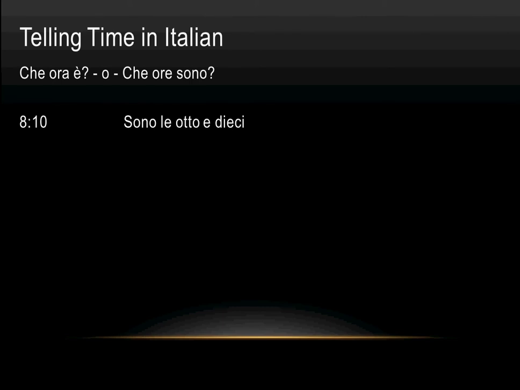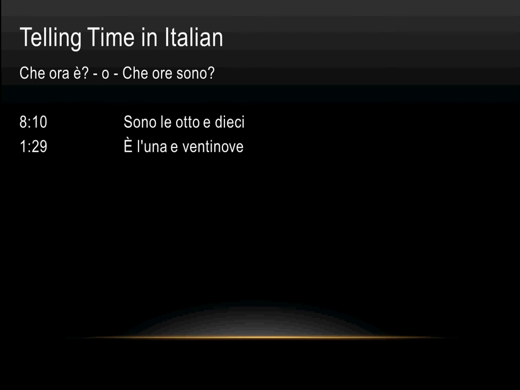It's sono le 8 because obviously 8 is plural. And it's considered feminine, so we use the definite article le and sono, so the verb agrees with the noun. Sono le 8. To add the minutes, all we do is add the word e, Italian for and, and then the number that represents the minutes. 10, without any article at all. So, sono le 8:10.